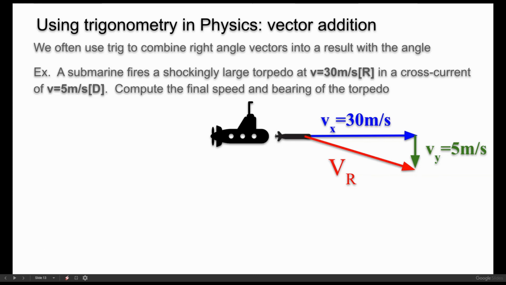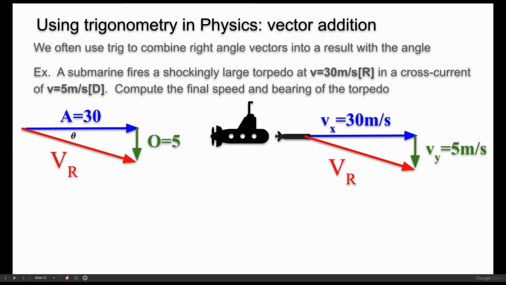Okay, so the torpedo is going to be traveling on an angle, similar to when you try to swim across a river in a current. So how do we figure out the actual speed and bearing of this torpedo when it's fired? Well, step one, we can get the size of it using Pythagoras' law.